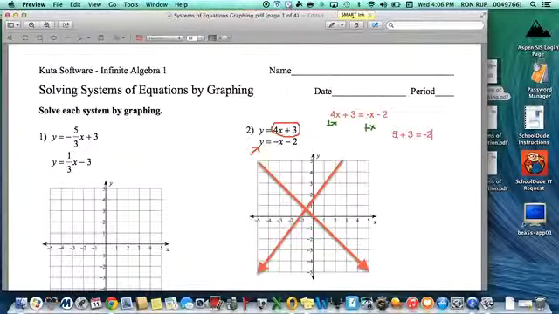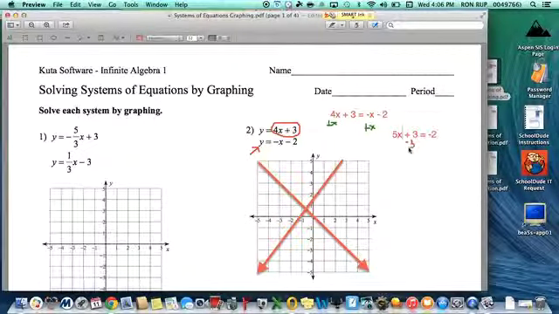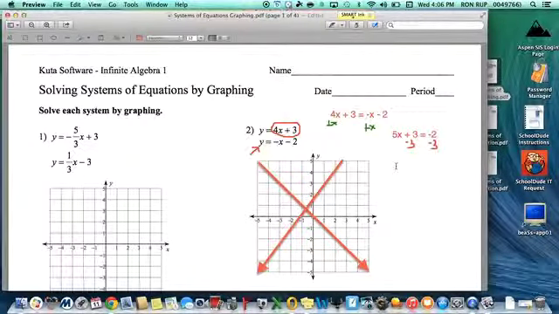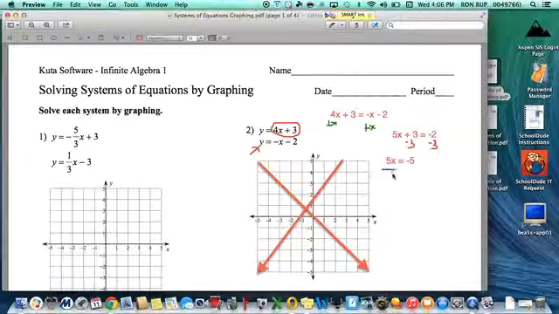And then so, oops, I forgot my x. And then we are going to subtract 3 to get our x by itself. And hopefully you can kind of see what's happening here. 5x equals negative 5. And the last step, of course, divide each side by 5.